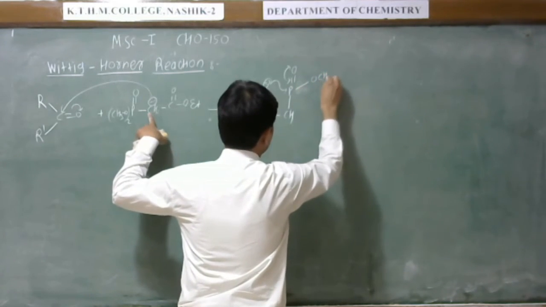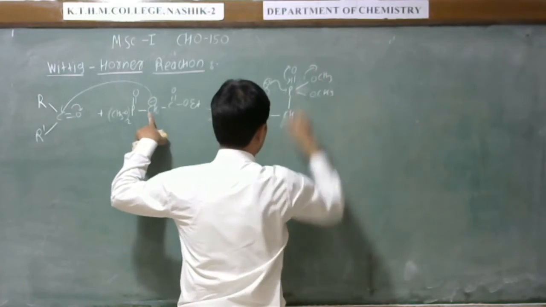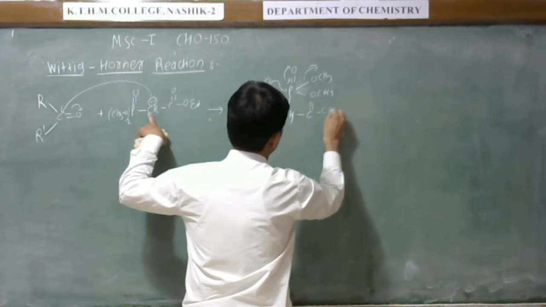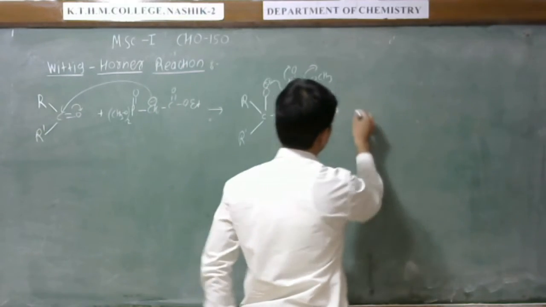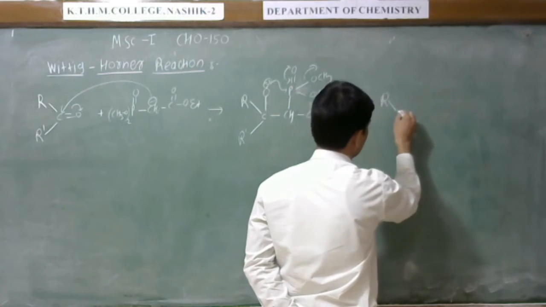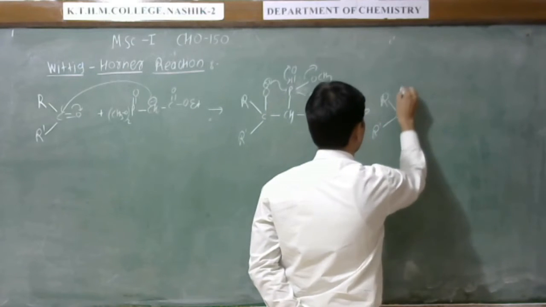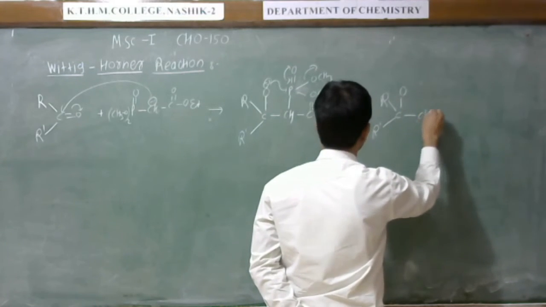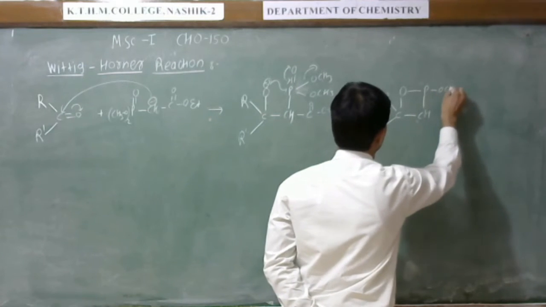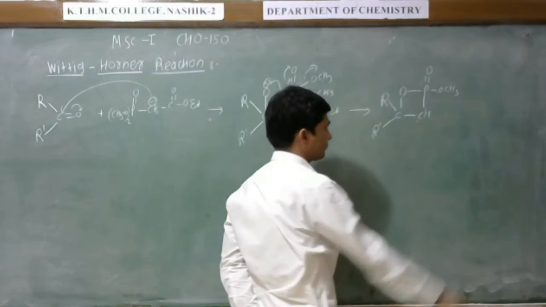After back bonding, this OCH3 will be removed here. Now here is a 4-member ring: R, C, R dash, O, CH, phosphorus having OCH3 and phosphorus double bond oxygen.